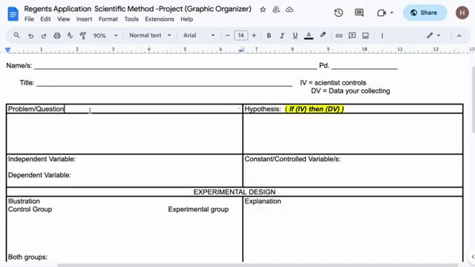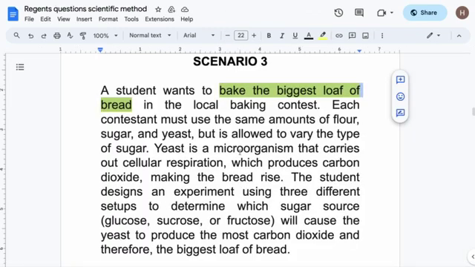Let's go here and write our problem. Which sugar will cause you to bake the biggest loaf of bread? Okay, we wrote it in question form. Okay, let's go back to our scenario.